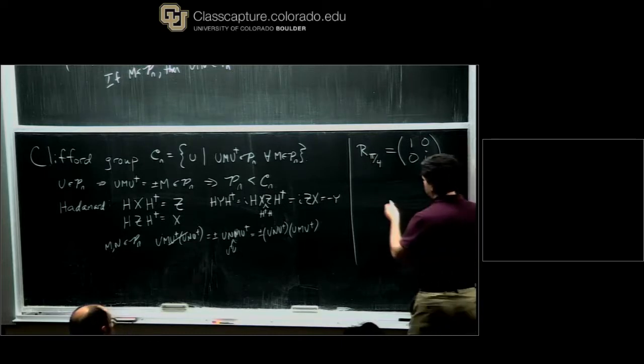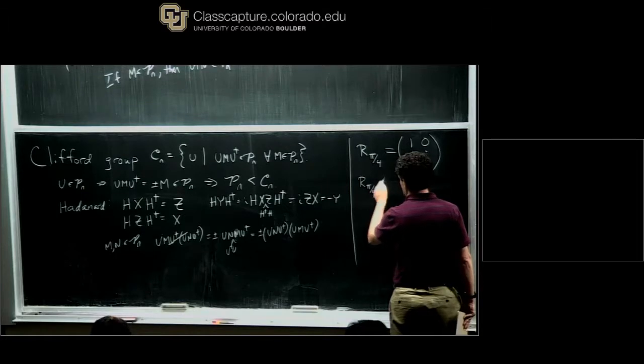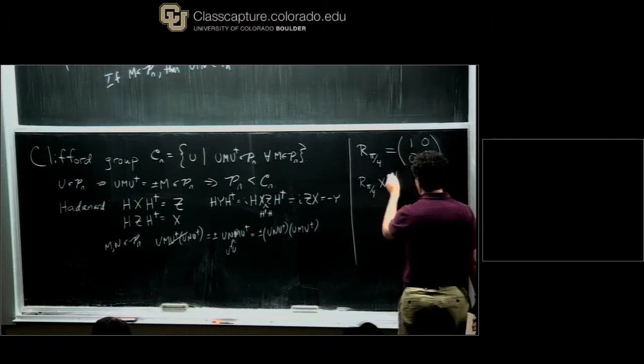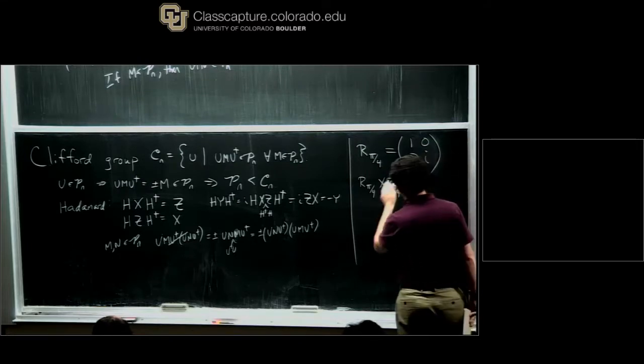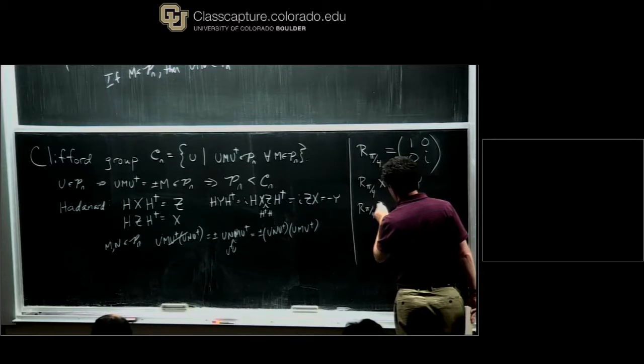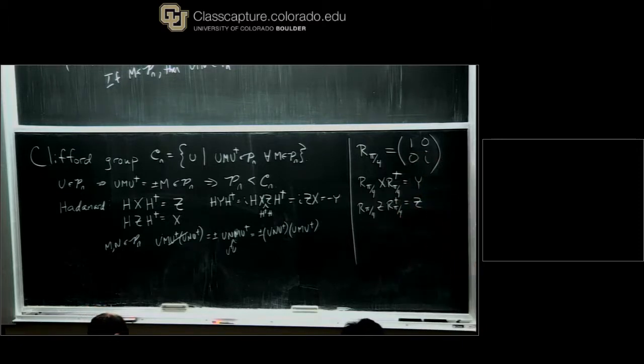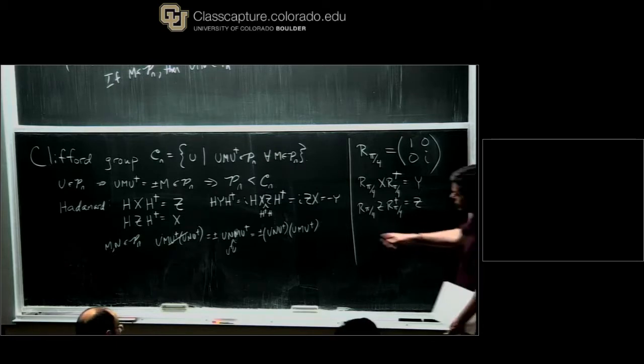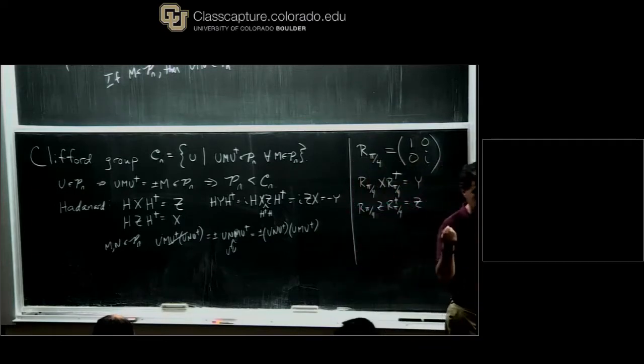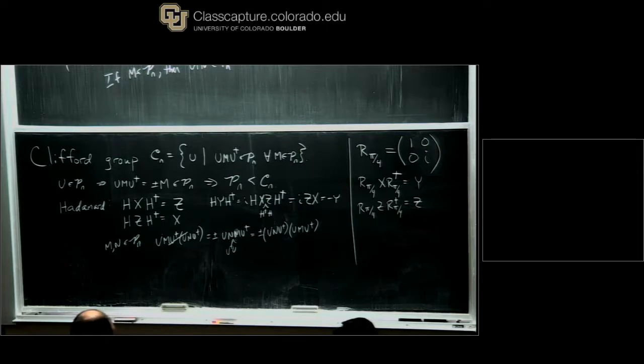And this has the property that if you conjugate X, you get Y. It's diagonal, so it'll commute with Z. Whereas the Hadamard switched X and Z, and it left Y alone up to a phase, this one switches X and Y. Y is going to go back to, actually I think it's minus X in this case.